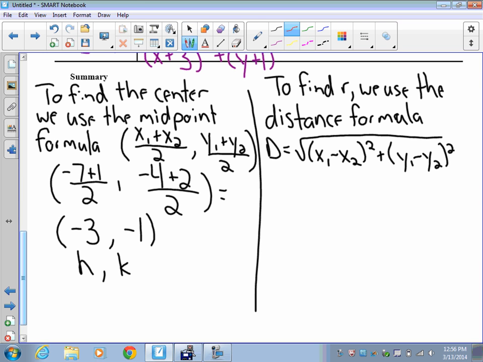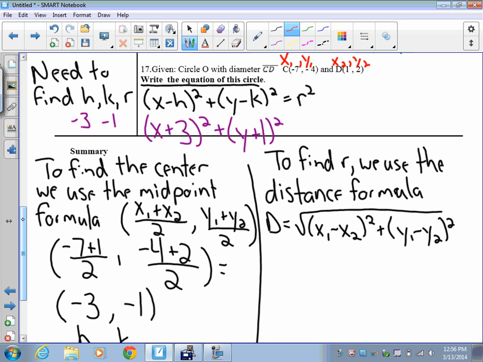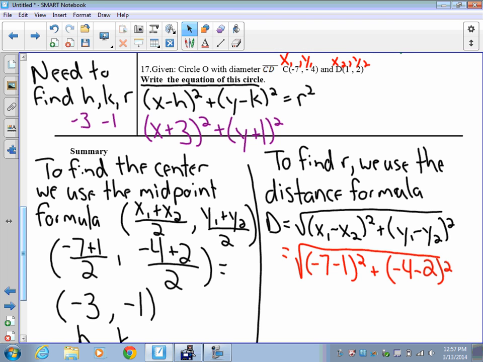So I have my values of x1 and y1. So I'm going to plug those in. So we have negative 7 minus 1 squared plus negative 4 minus 2 squared. We could type that directly into our calculator.